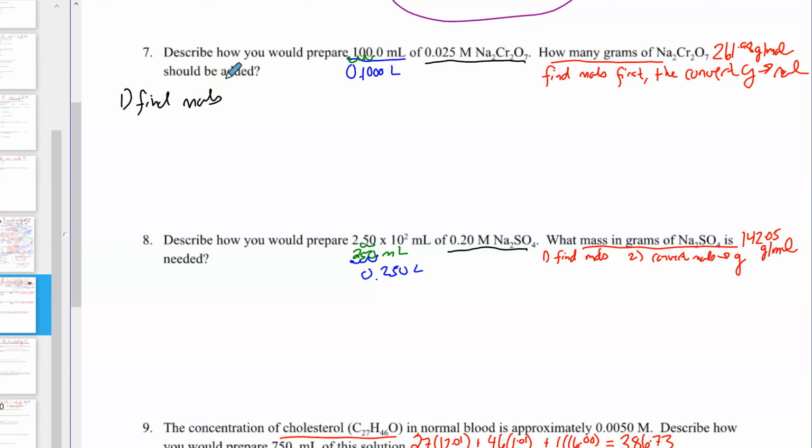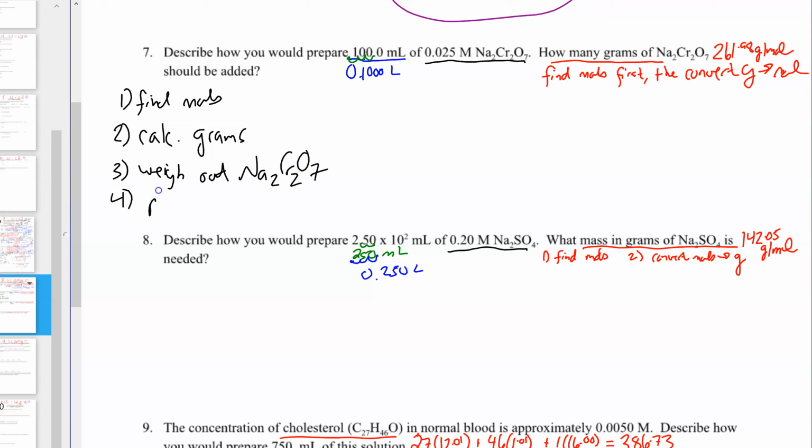So we need to find out how many moles there are. Number 2, we need to calculate the grams. Number 3, we need to weigh out the sodium dichromate.